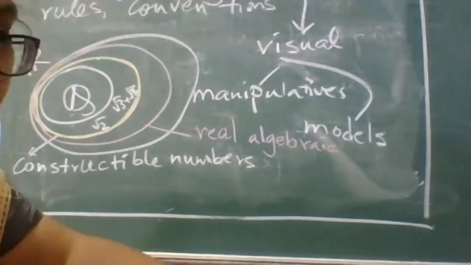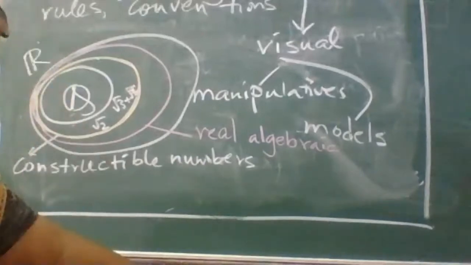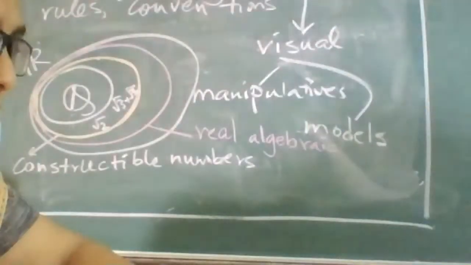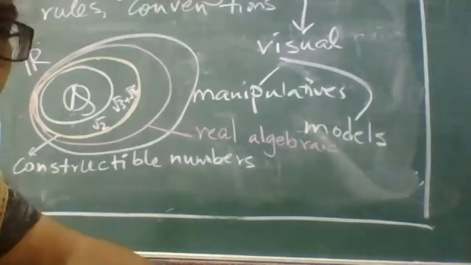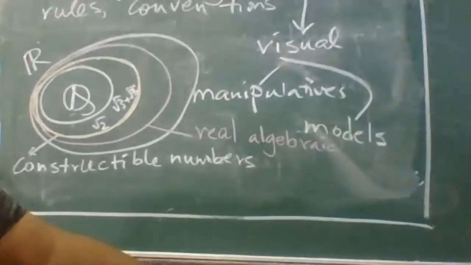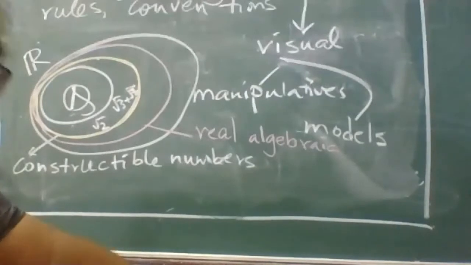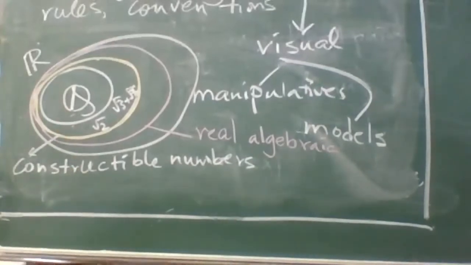Integer coefficients take care of rational coefficients also, because an equation will have finitely many terms. So you can take the LCM of all the denominators and multiply both sides by that. Then you get rid of all the denominators, and you have integer coefficients.